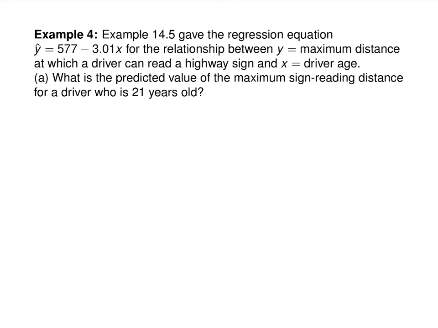Okay, first, what is the predicted value of the maximum sign reading distance for a driver who is 21? So y hat is 577 minus 3.01 times 21, which comes out to be 513.79 feet, approximately.